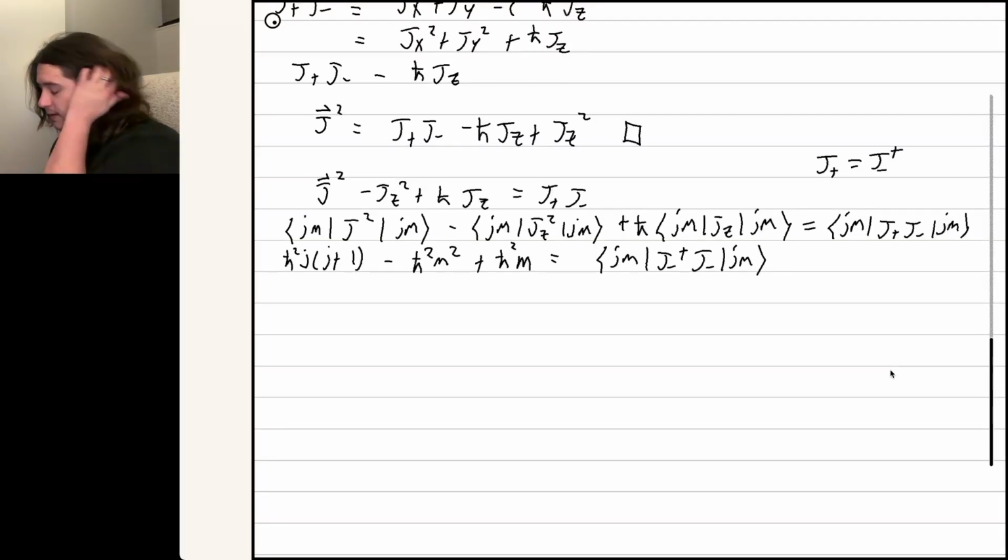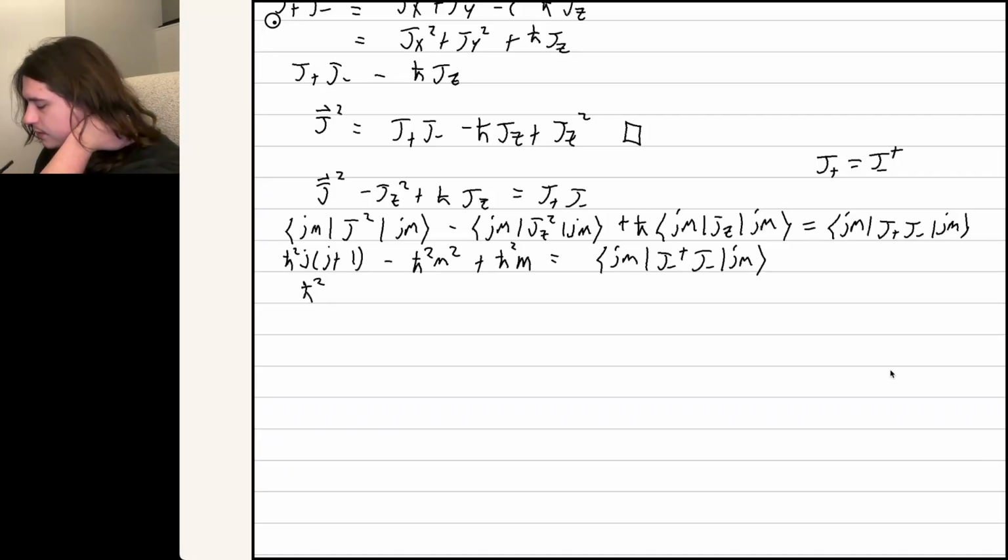Okay. I'm going to factor the left-hand side. I have h bar squared. The polynomial will be j plus m, j minus m plus 1 times j plus m.